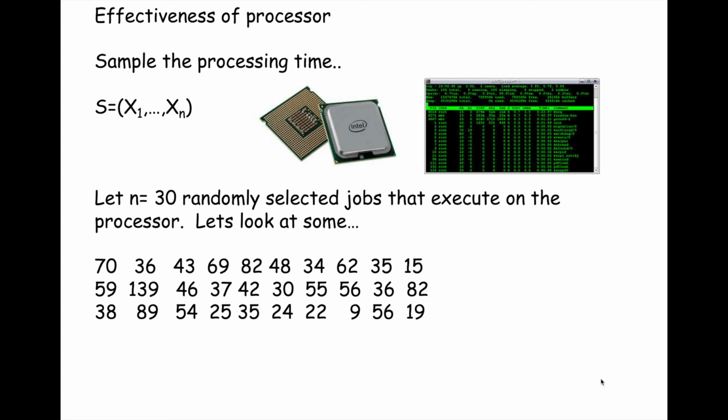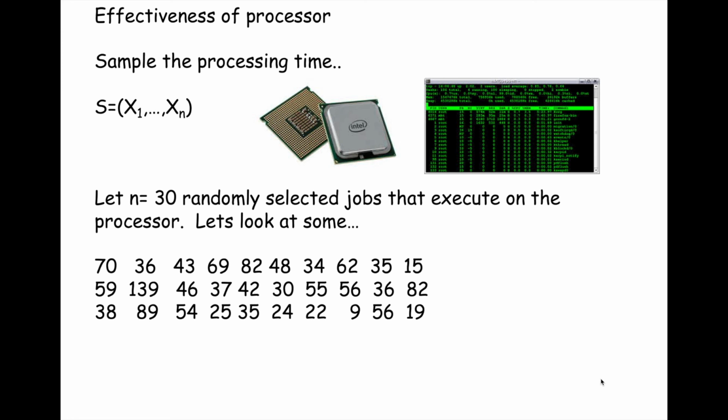And so let's define n to be 30, the number of jobs or programs that are executing on the CPU. The quantity being measured is the amount of CPU time that each of these 30 randomly selected jobs have run on the CPU, through something like top. Right?